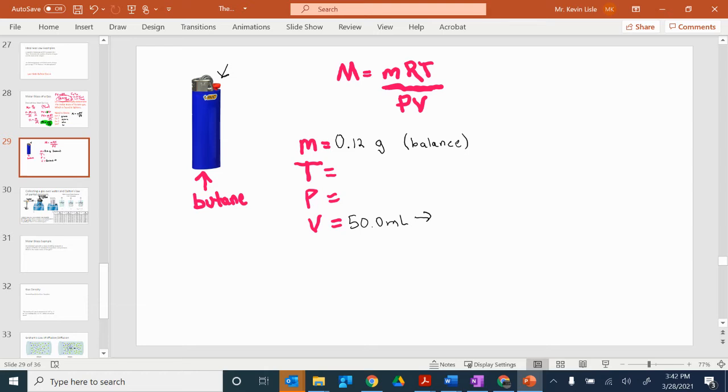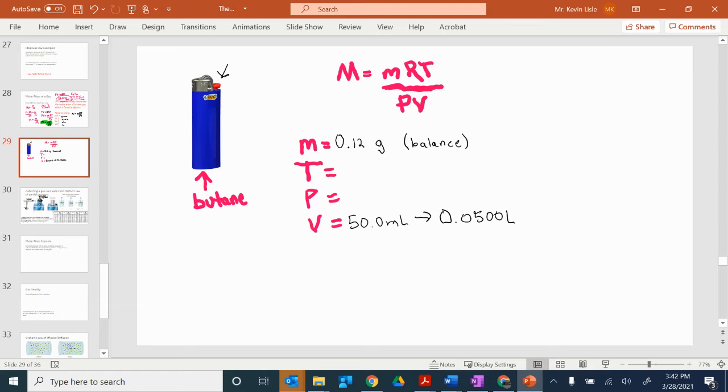So we can divide milliliters by 1,000 to change it to liters, or move the decimal 3 places to the left, which accomplishes the same thing. So we're going to assume our volume is 0.0500 liters. We filled up our graduated cylinder all the way.